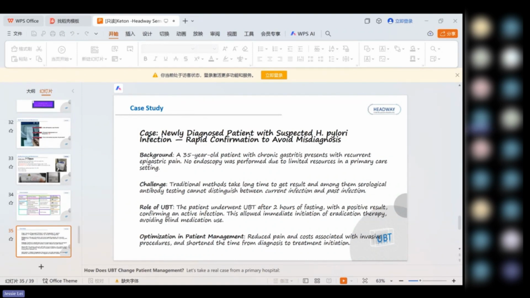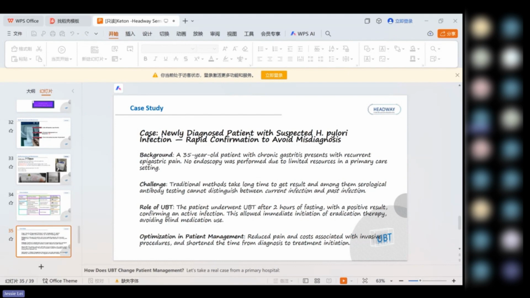The traditional methods like stool antigen, serology, culture, and PCR take a long time to get results. Among them, the serological antibody test cannot distinguish current infection from past infection.